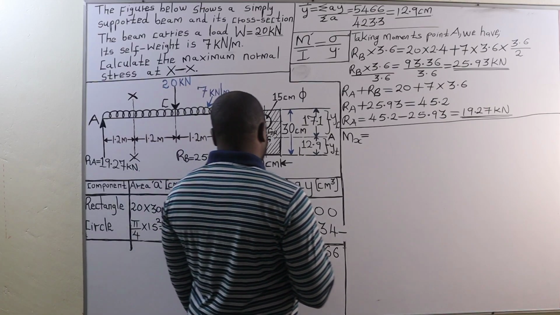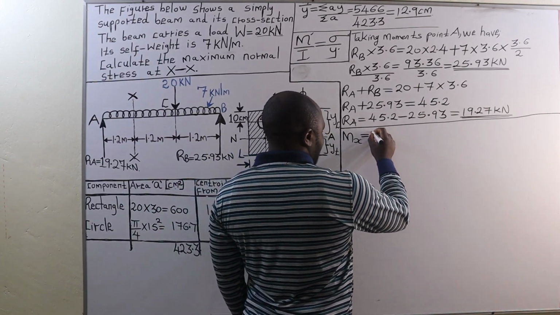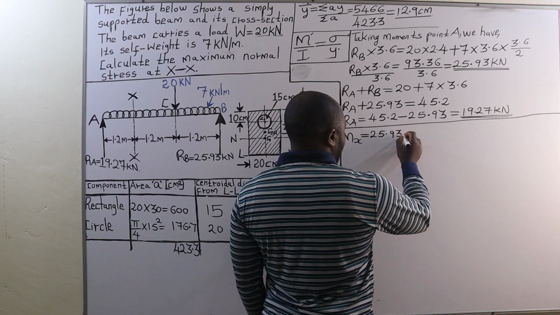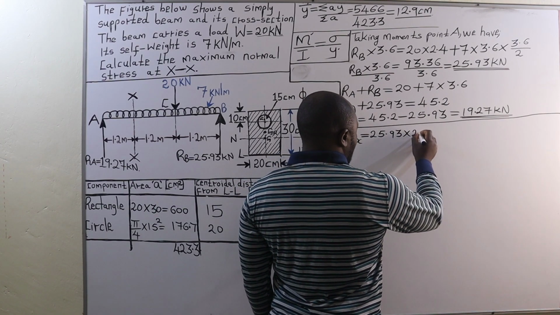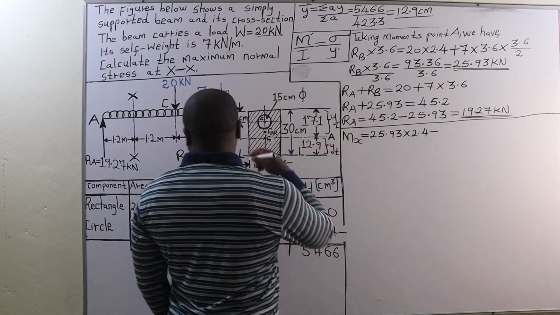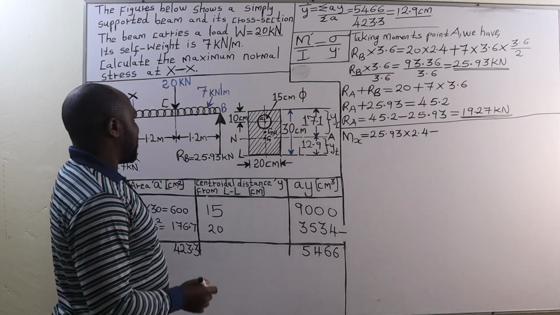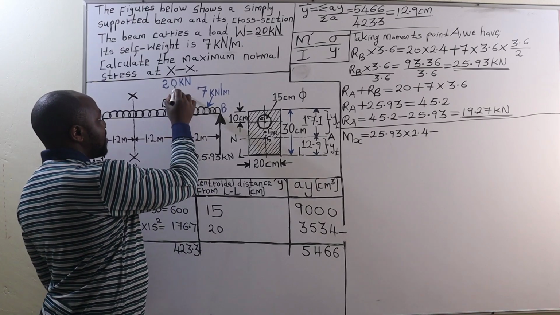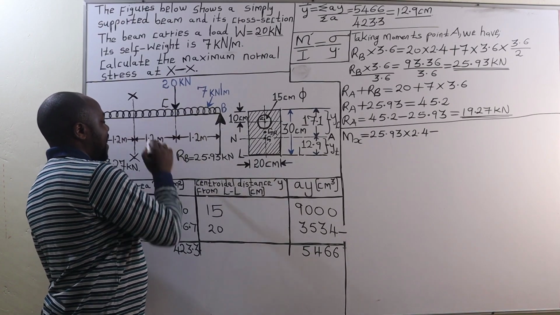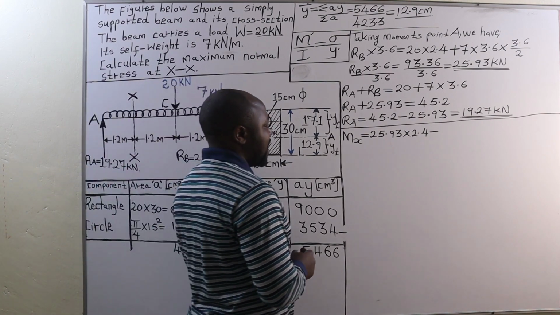Therefore, Mx will be 25.93 times 2.4 meters minus, that is an anti-clockwise moment, minus the following clockwise moment, 20 times the distance from C to XX, which is 1.2 meters.